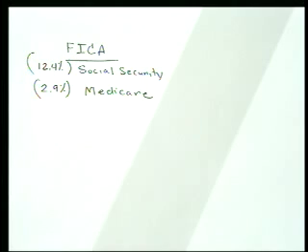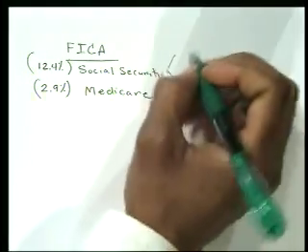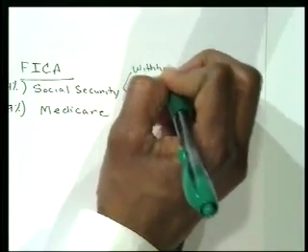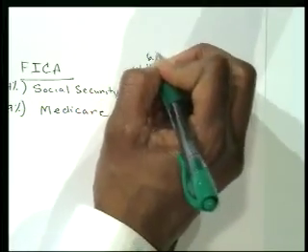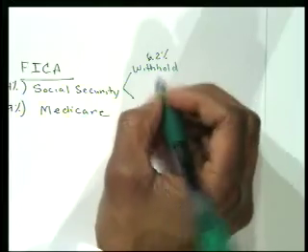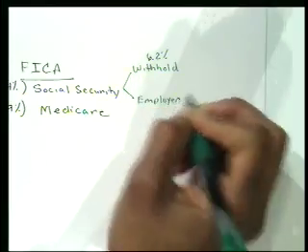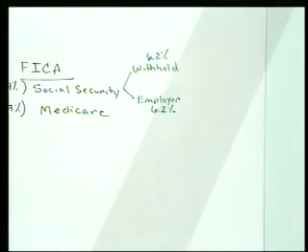Okay. And if you are an employee, meaning you work for someone, the way it works is that for Social Security, they withhold from your paycheck, meaning you pay half of that, which is 6.2%, and then your employer pays on your behalf, meaning it comes out of their pocket, half of it.